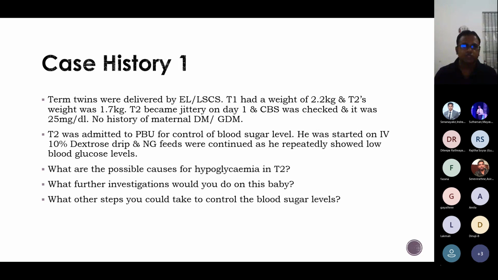So the first question is, what are the possible causes for hypoglycemia in T2? Second one is, what further investigations would you do on this baby? Third question is, what other steps you could take to control the blood sugar levels? So I'll give you 1 minute. If you can quickly type some answers in the chat box, we can go ahead and discuss them.